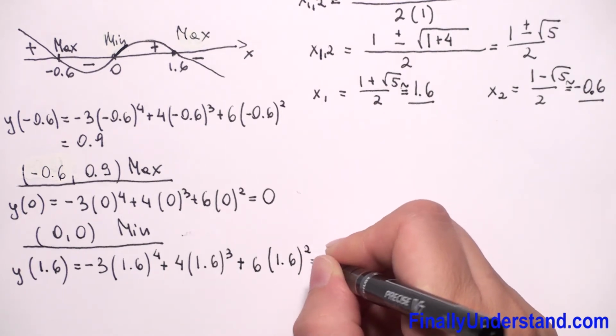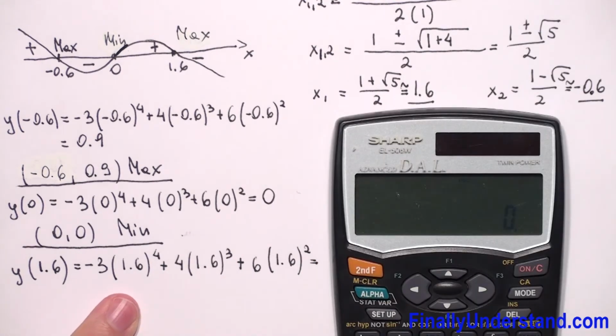This is equal to... we'll use a calculator. We have negative 3 times 1.6 to power 4 plus 4 times 1.6 to power 3 plus 6 times 1.6 squared.